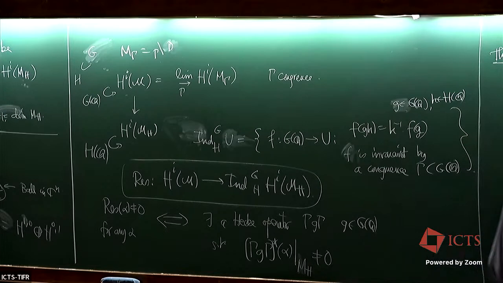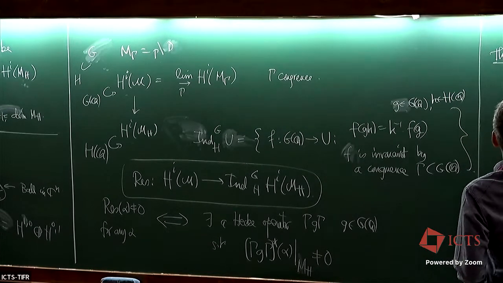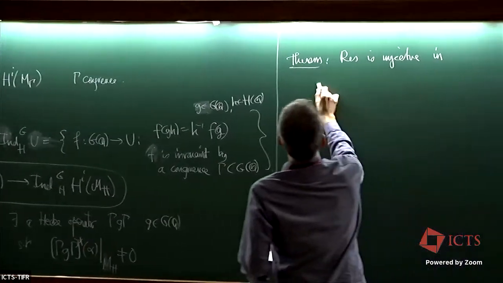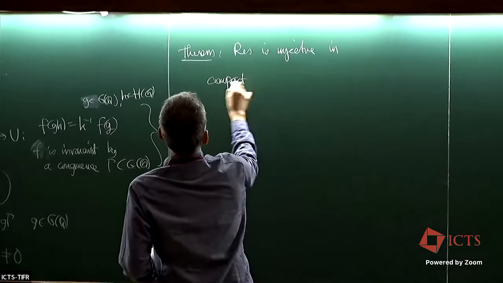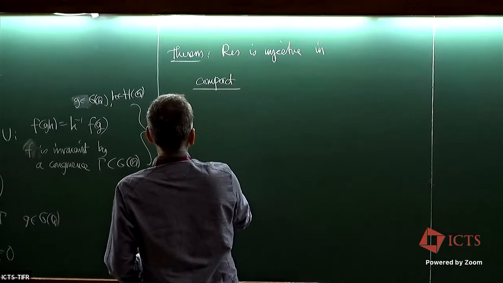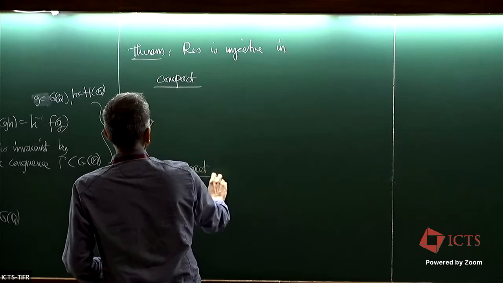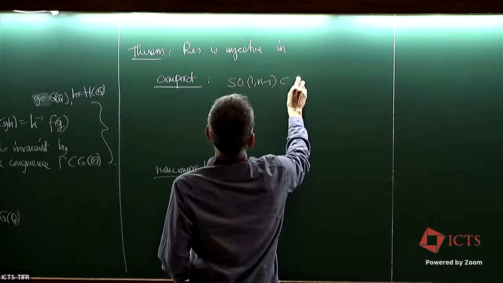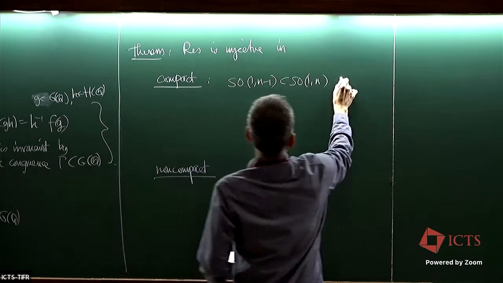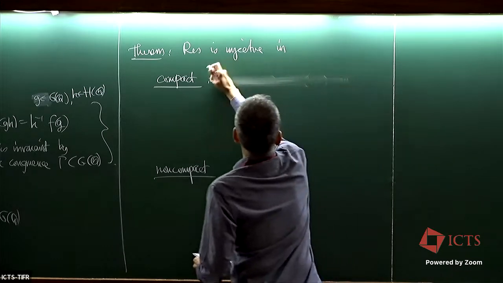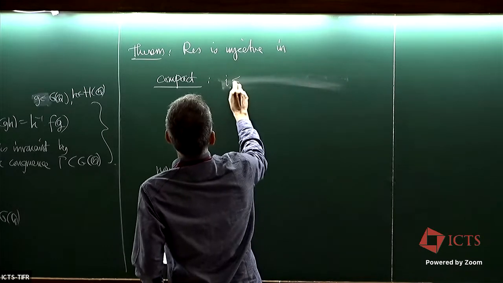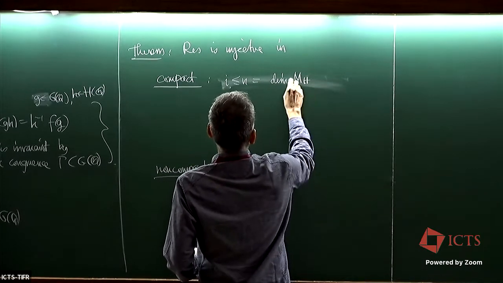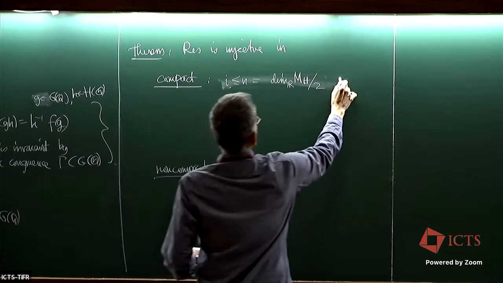I'll state which parts of it are due to whom. I'll separate the compact and the non-compact cases. Let's say i is less than or equal to n, which is the dimension of M_H as a real manifold, divided by 2 in all cases.